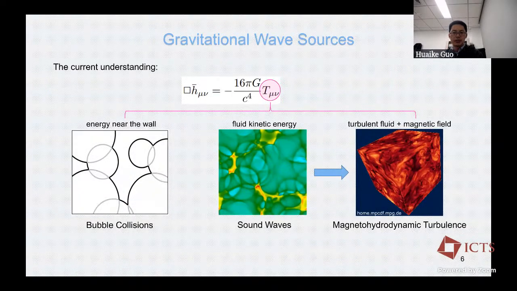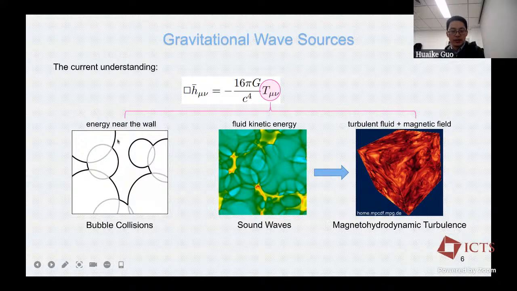Speaking about the sources for gravitational wave production, according to the current understanding, we have mainly three contributions. This is the Einstein equation, and this is the energy-momentum tensor that can generate the gravitational waves.